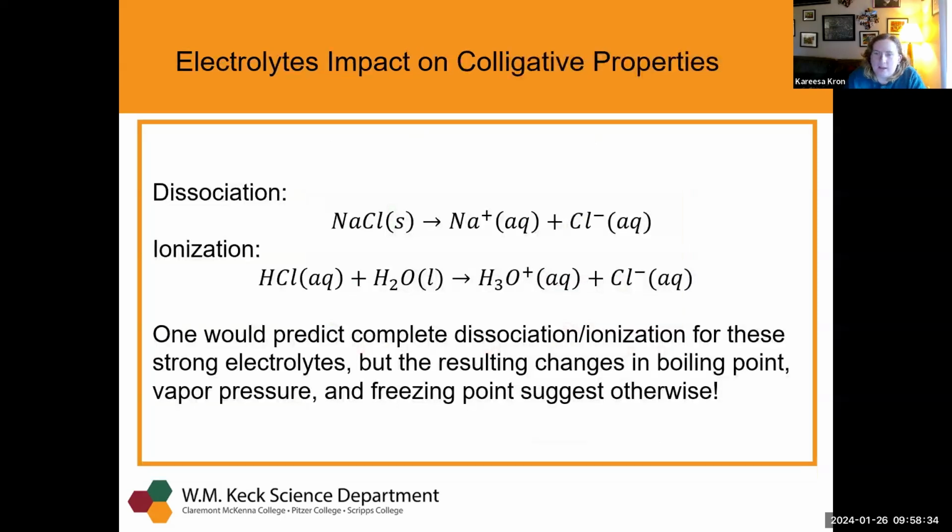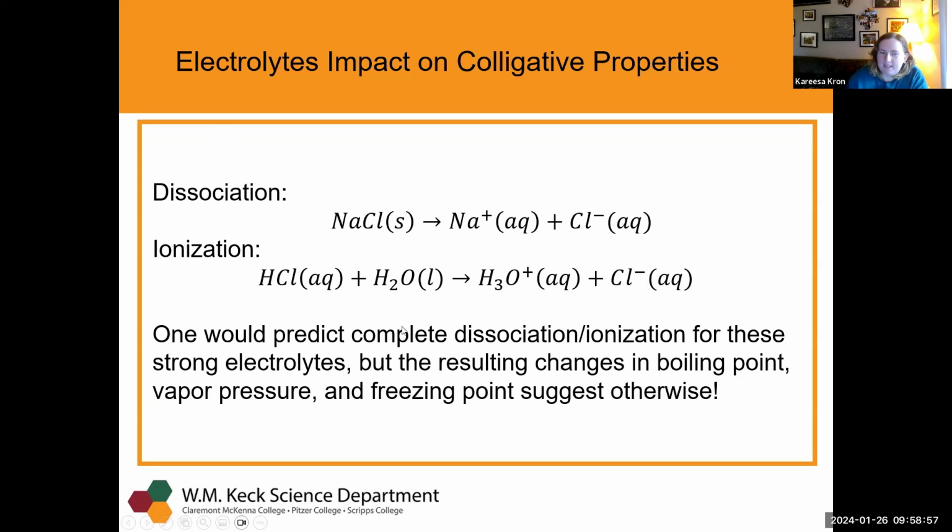We can also look at how electrolytes impact colligative properties. In theory, if we have something that dissociates like salt, we can expect to see Na+ and Cl-. And if you have something like hydrochloric acid, you would expect it to completely ionize to form H3O+ and Cl-.